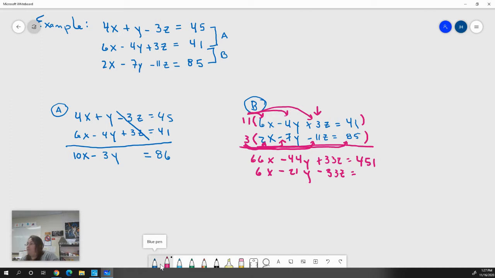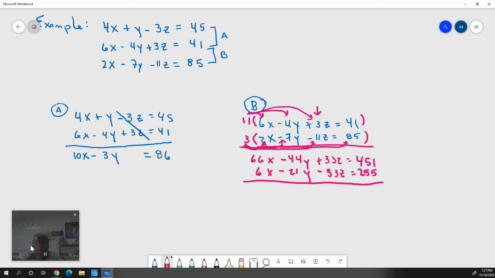Oh, I don't want 3 times 33. I want 3 times 85. Okay, I'm like, why is that number so off? 3 times 85 is 255. So this is going to be 255. And so when I go ahead and add these together, my Z by design is going to drop out.